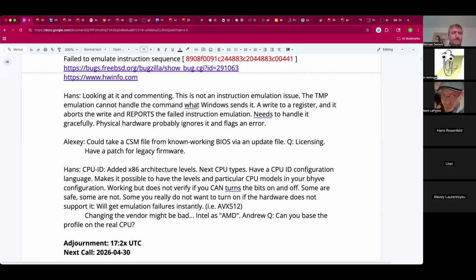So I'm basically building a list of CPU ID registers and defining what bits shouldn't be changed at all, which bits can only be disabled, and all the rest can be enabled at will. And I mean, what I'm getting at is if the CPU doesn't support it, then we don't support it, even if the user says to do it.